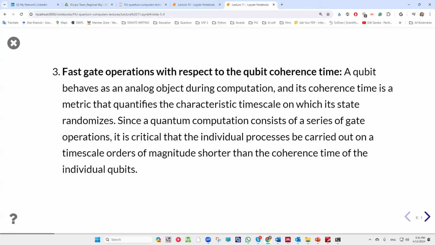If I have a quantum system, I know everything about it, and I can initialize the state, but it loses quantum coherence too fast, then the system doesn't work, because any quantum algorithm takes time to operate. So the quantum system must keep the quantum coherence for a sufficiently long time.